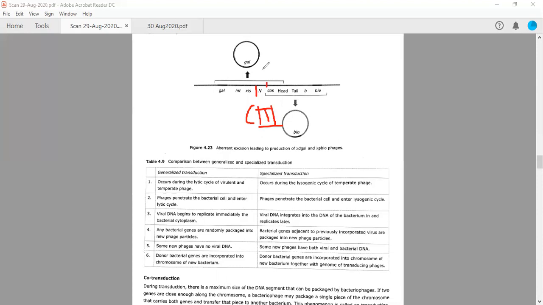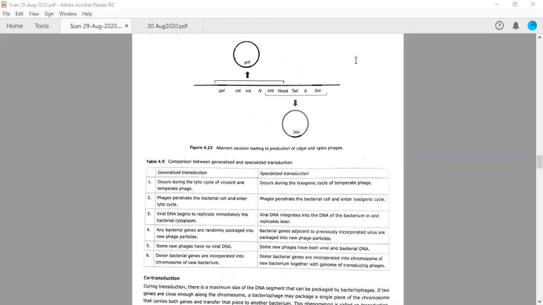So you can write C1, Cro, C2. So there are some important genes present in this region, and there are some important genes for the head and tail region present on this side. So these genes are not important here, so they will come in either way, either along with galactose or with the second.